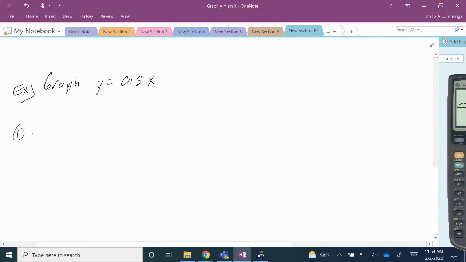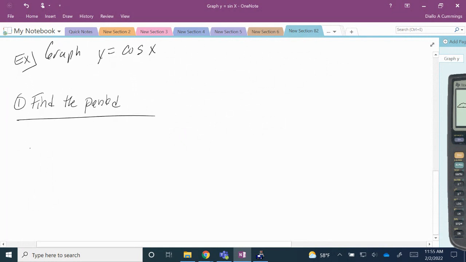The first thing we're going to do is find a period. All right, so the period has a formula of 2 pi over b. We can pull b from our equation, which is the coefficient of x, and it's understood 1. So the period is 2 pi.